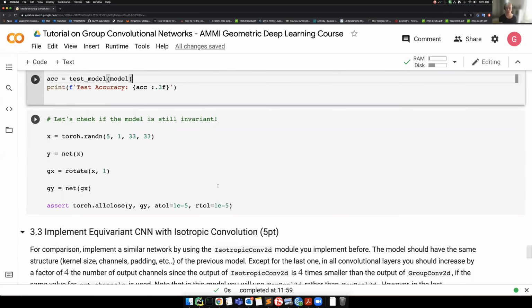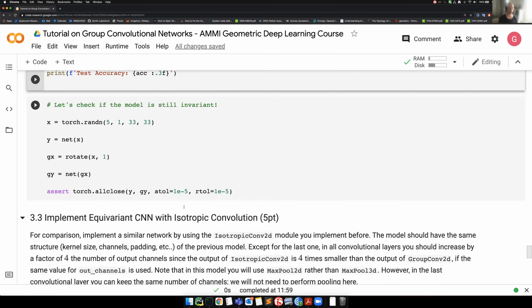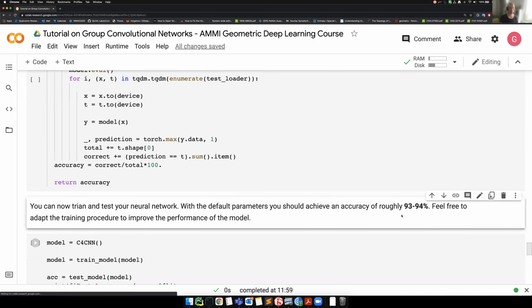So feel free to try that. But then we want to verify that the model is still equivariant after training. You should reach at least this accuracy to get all points in this exercise.